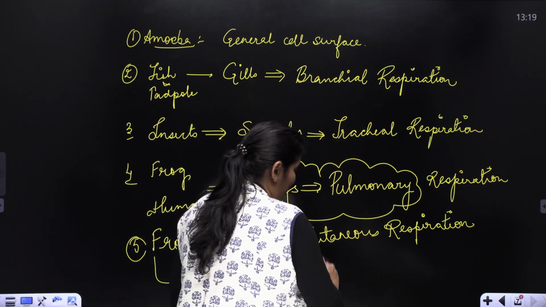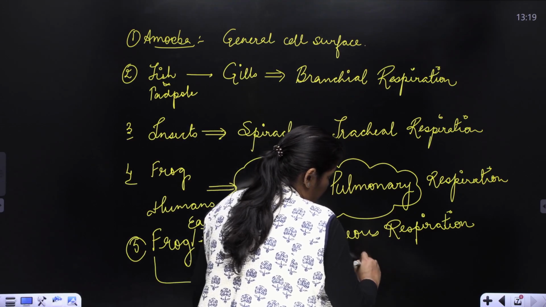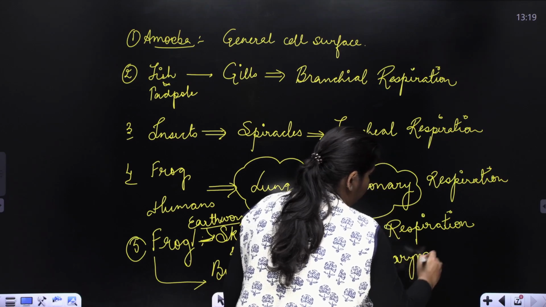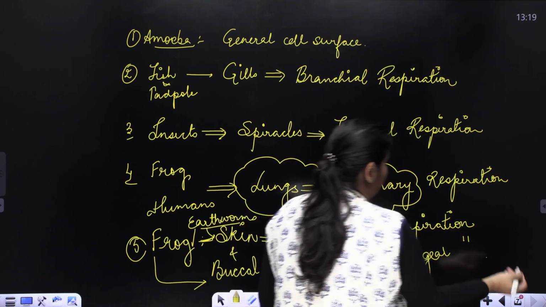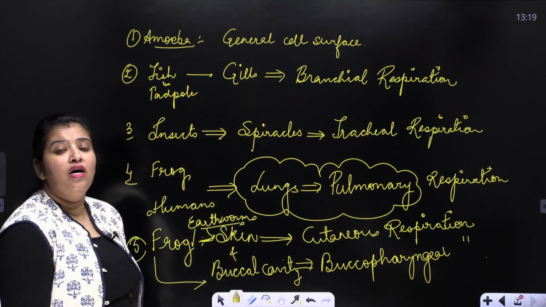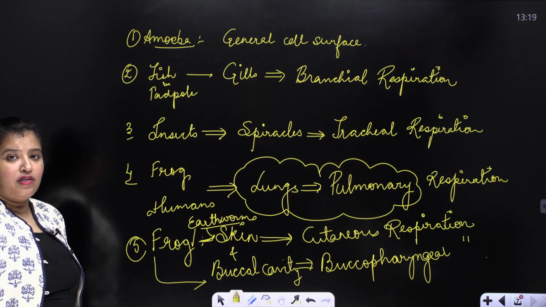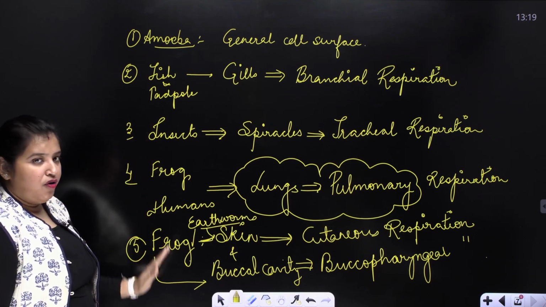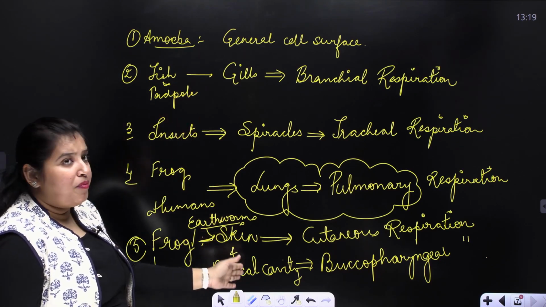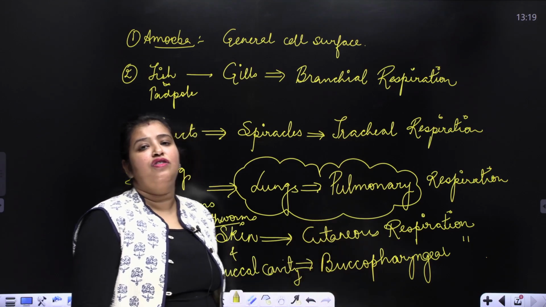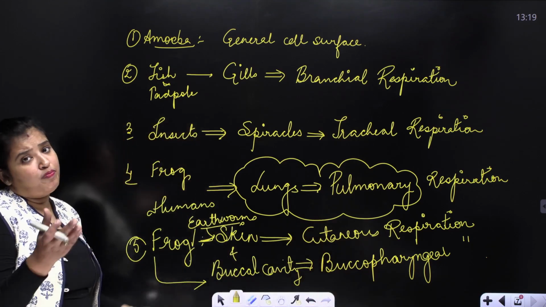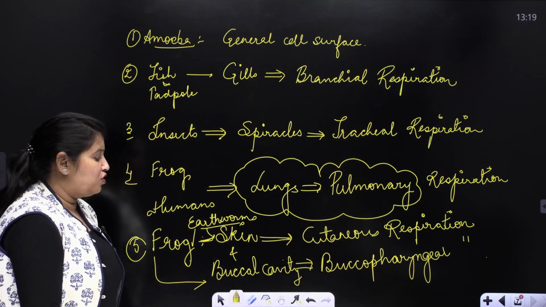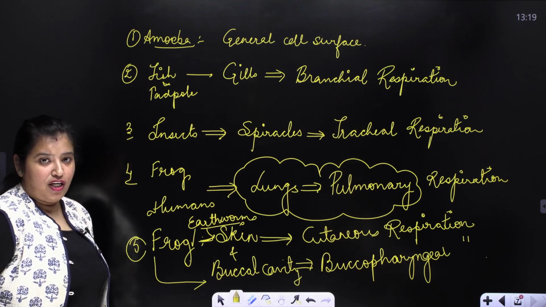This is known as buccopharyngeal respiration. I hope you have understood the name of organisms, the organs they breathe, and the type of respiration, the terms that are used with respect to the organs that are involved for this process of gaseous exchange.